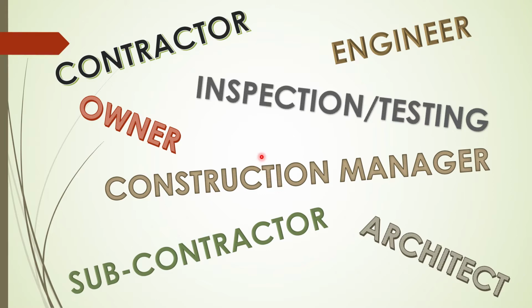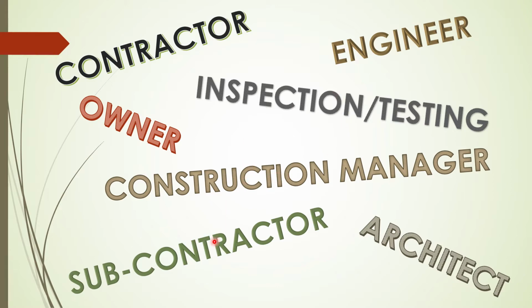So first you have the owner. The owner wants to build something, and then the owner will probably hire the architect to design it, and the architect will need the engineer, the civil engineer, the mechanical engineer, several engineering disciplines to engineer the building, and then we have the construction contractor to build it, or sometimes the construction manager will manage all these.